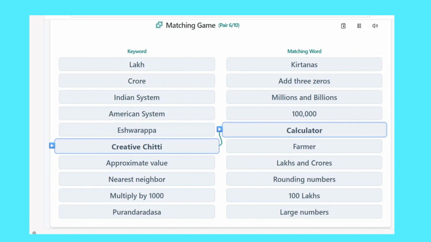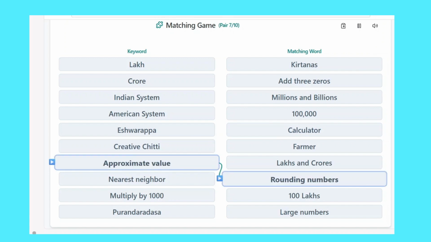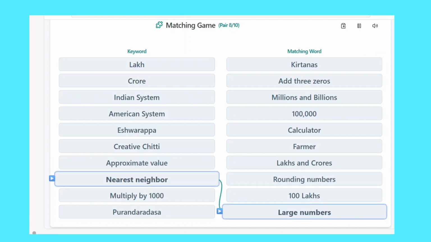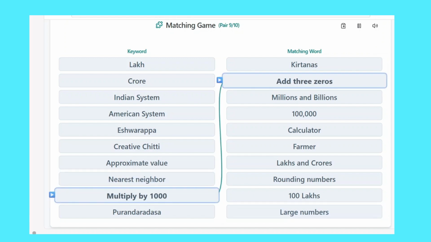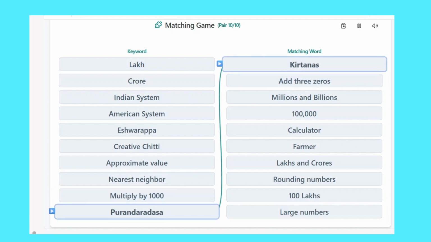Calculator. Approximate value. Rounding numbers. Nearest neighbor. Large numbers. Multiply by 1000, add 3 zeros. Purandaradasa, kirtanas.